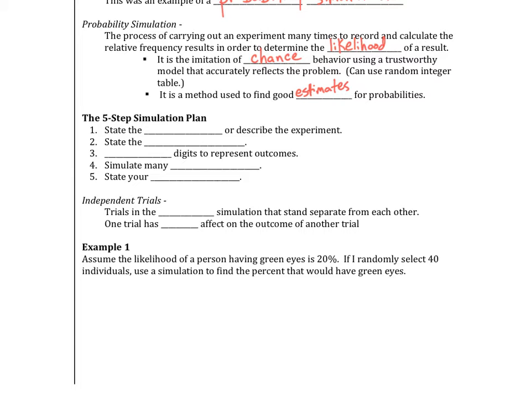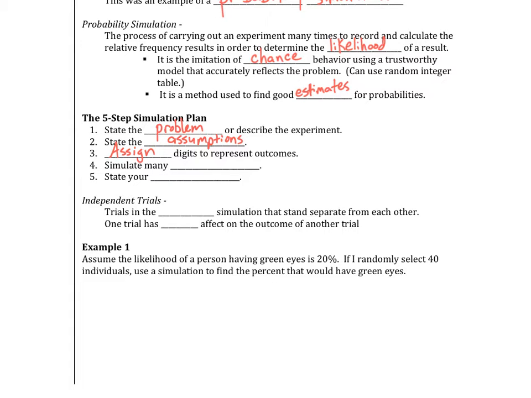Okay. So the 5-step simulation plan. Step 1 is state the problem, or describe the experiment. Step 2 is state the assumptions. Step 3 is assign digits to represent outcomes.